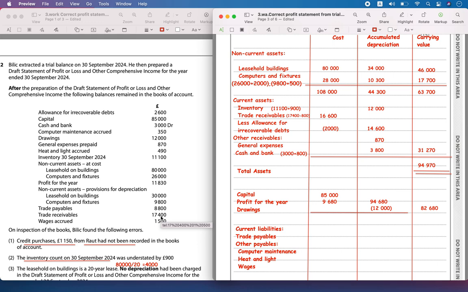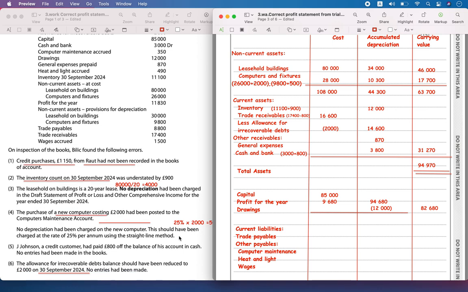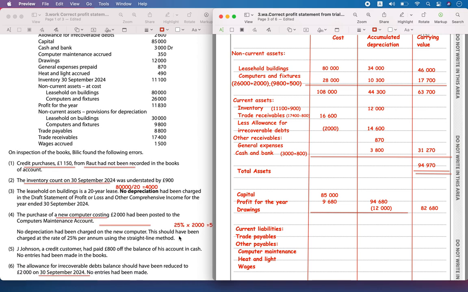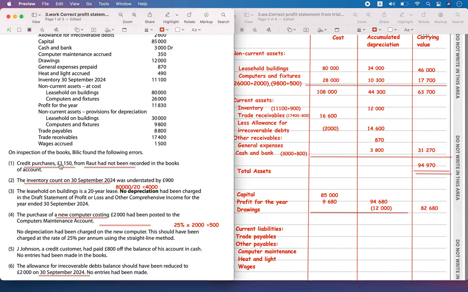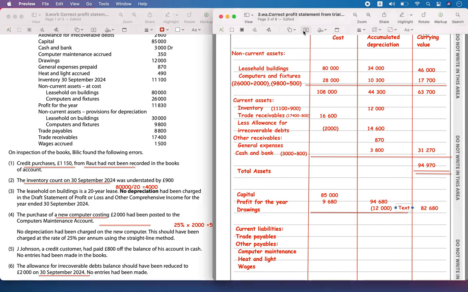First one is the trade payables. Trade payables was around 8,800, and this also had some effect. So let's adjust this. 8,800 plus this one, this 1,150.